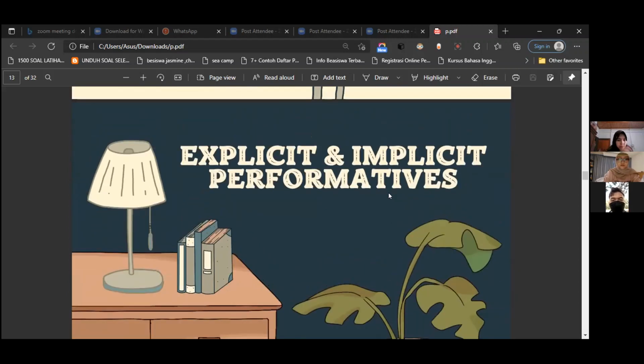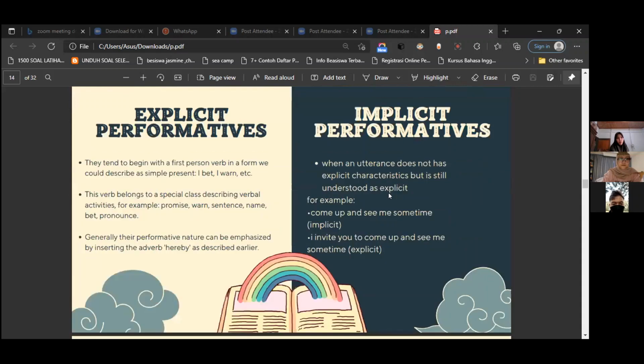So when we do a speech act, there are two types of performative. The first is explicit, which is clear and brief, and the second is implicit performative, which is implicit, we know implicit, right? Next slide, please. Okay, here's the example. The explicit performative tends to begin with a first person verb in a form we could describe as simple present.